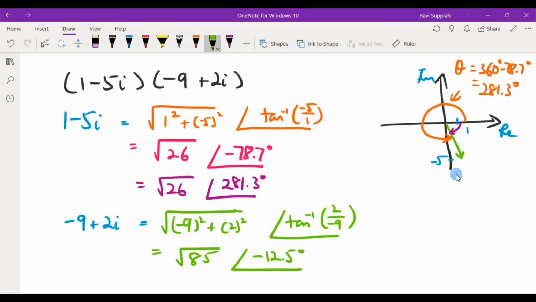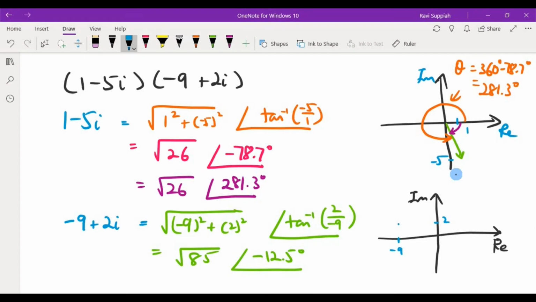Now negative 12.5 degrees, where is that? We must again do the same process of drawing out the complex plane and looking at this number minus 9 plus 2i. It will be here at minus 9, and plus 2 is here.